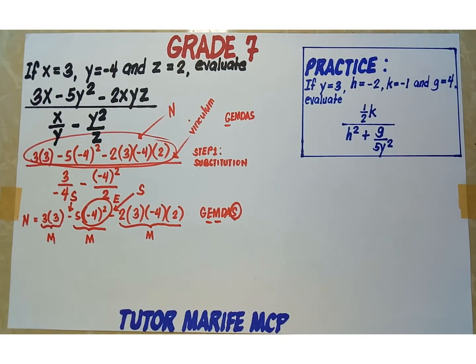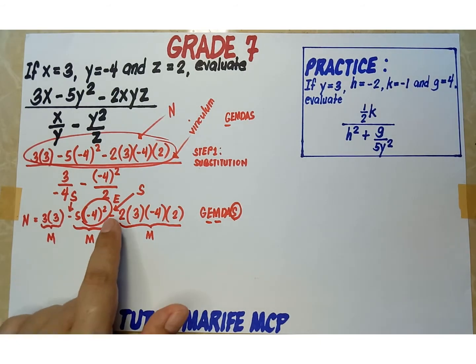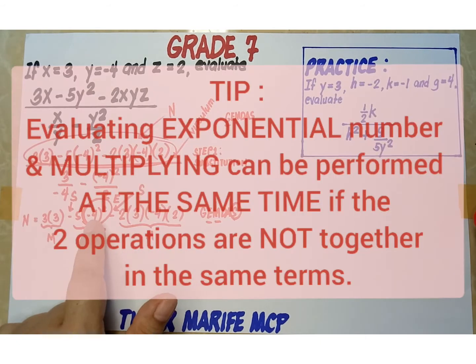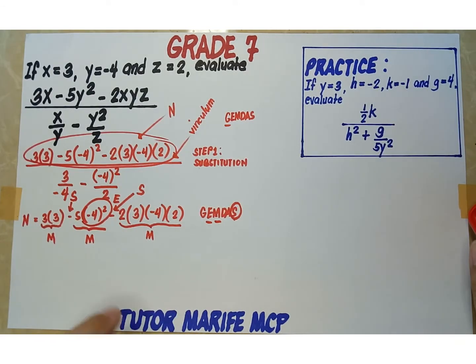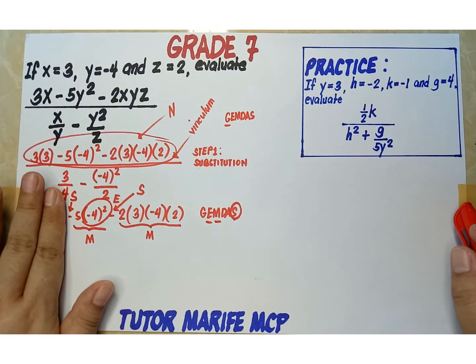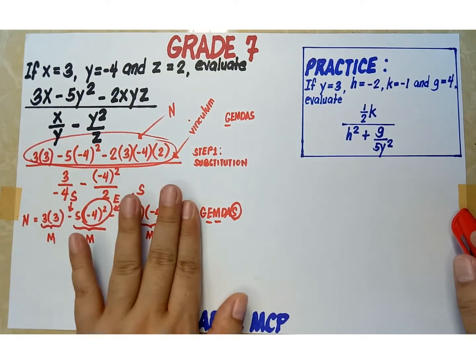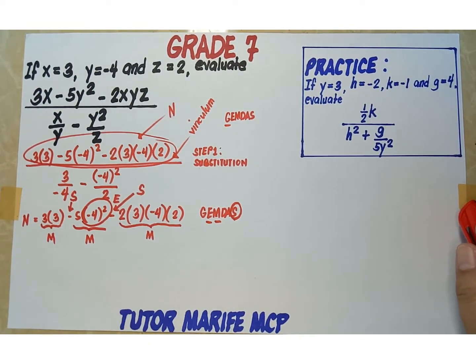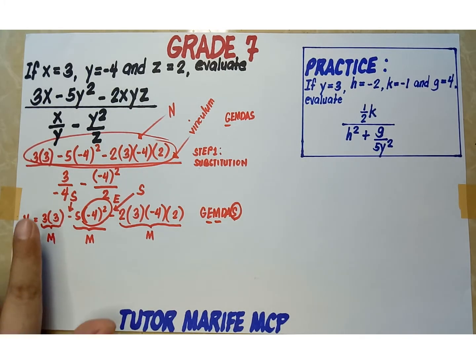Okay, kaya lang, pwede rin ninyong pagsabayin ang exponentiation dito sa second term at ang multiplication dito sa first and third term. Pwede mong gawin yon, yung sabay na performing of exponentiation and multiplication kapag nasa magkakaibang terms sila.